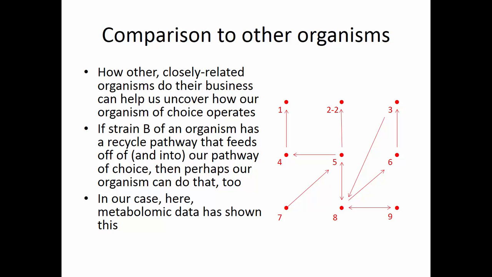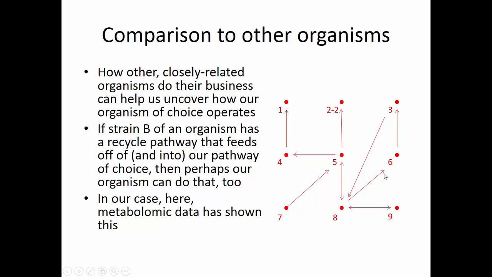And if those metabolites happen to be 6 and 3, well then we've seen how 6 and 3 can fit into this whole thing. And so in our case, the metabolomic data has shown this: that we have this little recycle pathway, which may look like a futile cycle, but maybe it's not. Maybe 3 is being used for something, we don't know.